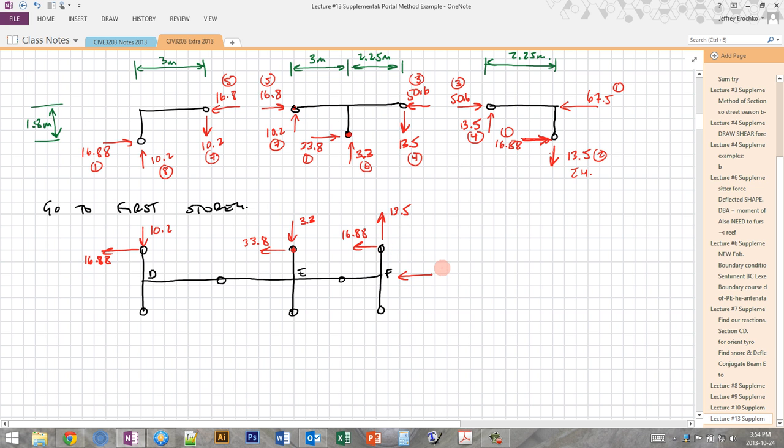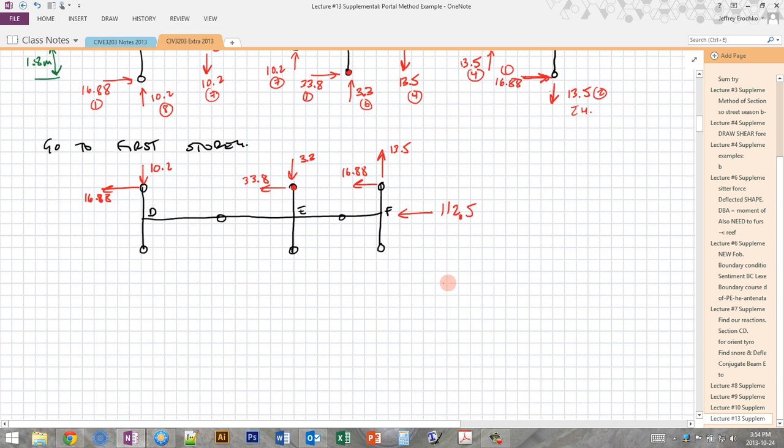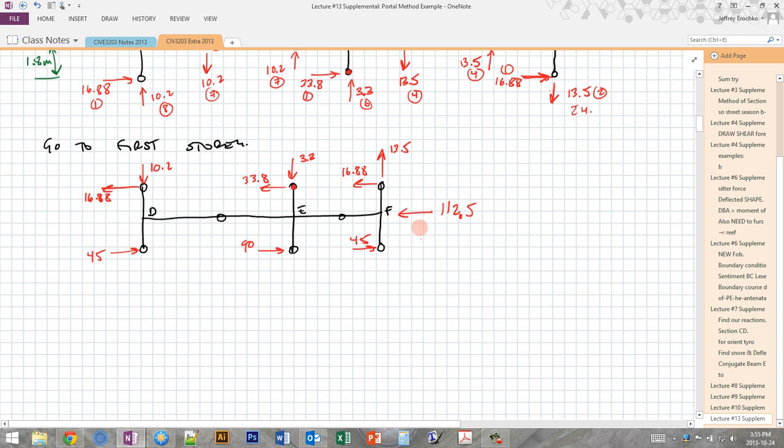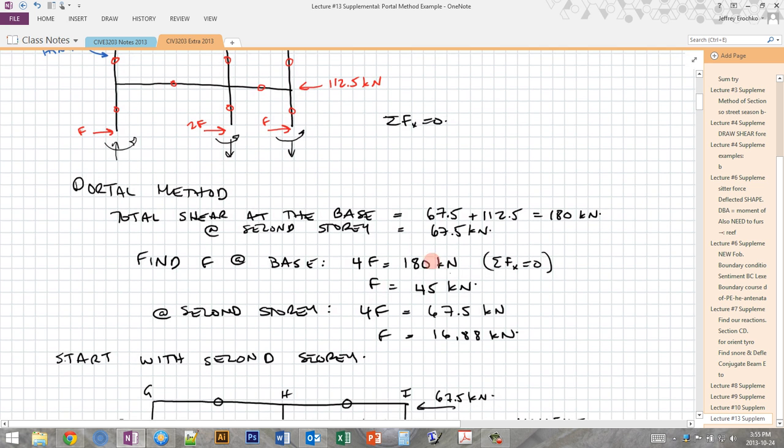And then you can't forget to add the external force onto here. If you don't add that, then your whole equilibrium will be thrown off. And then at the bottom, we're going to add the story shears that we calculated for the portal frame at the beginning, which is 45, 90, 45. You'll recall that's this part right over here.